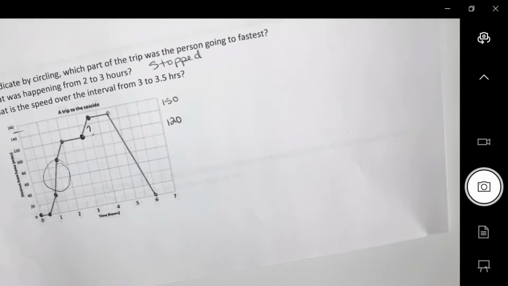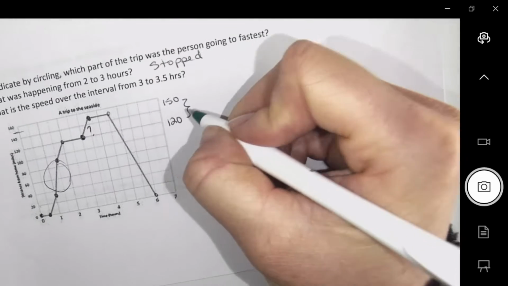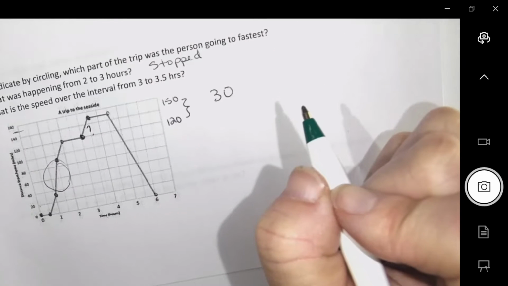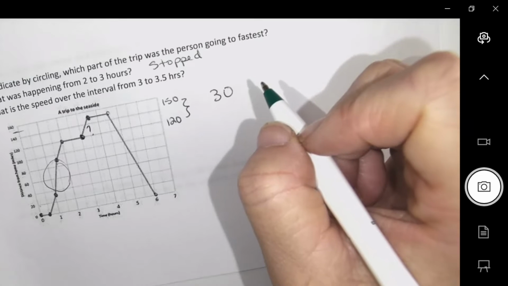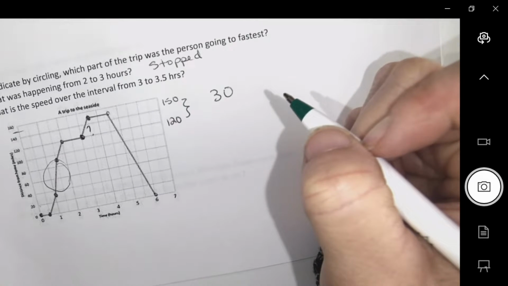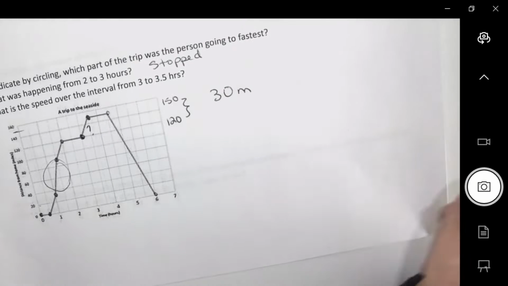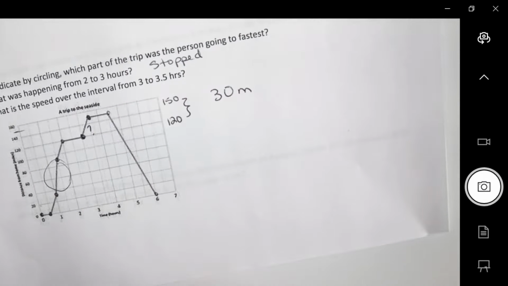Okay, so we went from 120 to 150, which means we have traveled how far? 30. I wish it wasn't blurry. I could read it. Meters? I don't know. 30 somethings. 30 meters. It's there. I just can't read it because it's blurry.